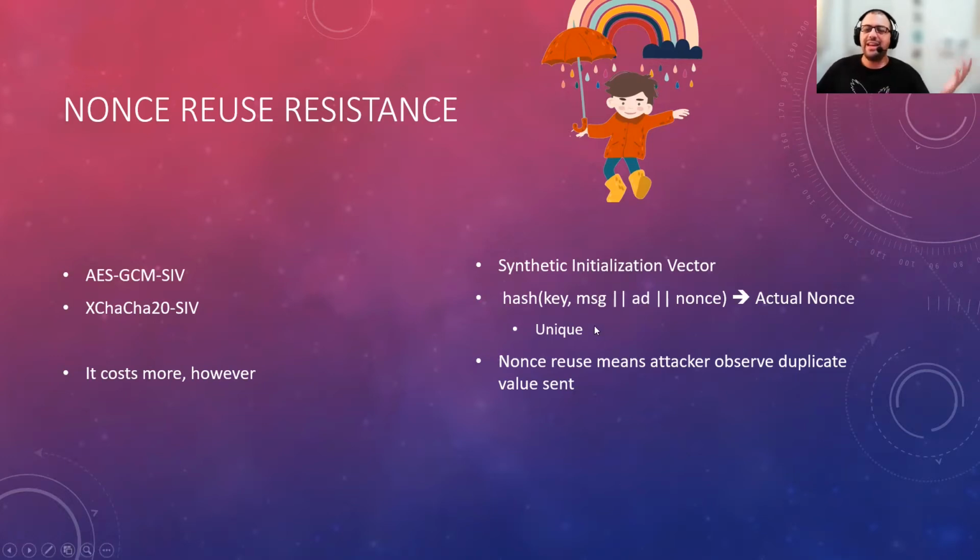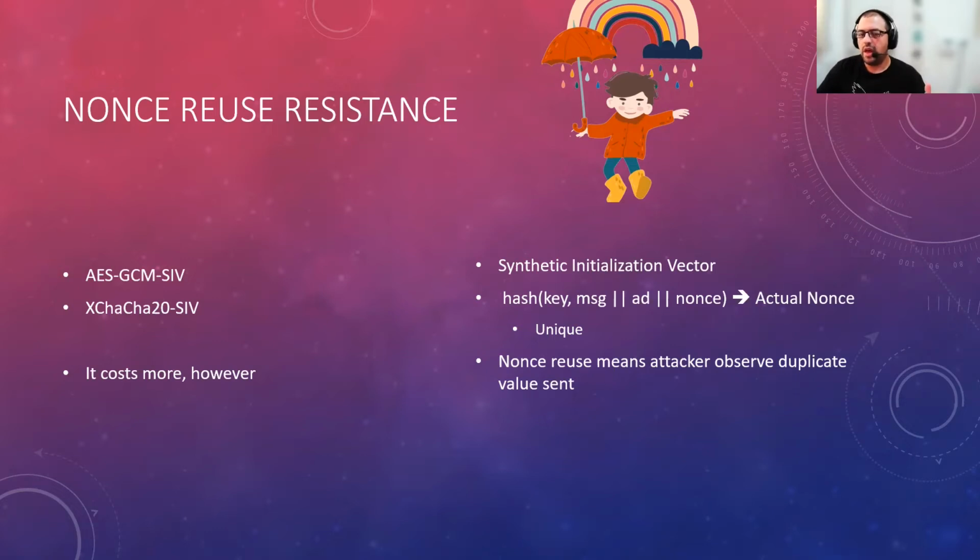What's the idea? The idea here is that if I'm reusing the nonce, then I'm unique on the message and additional data, which means that with nonce reuse resistance algorithms, if you reuse the nonce, then the only thing that the attacker can tell is that you sent an identical message. They can't tell anything more about that.